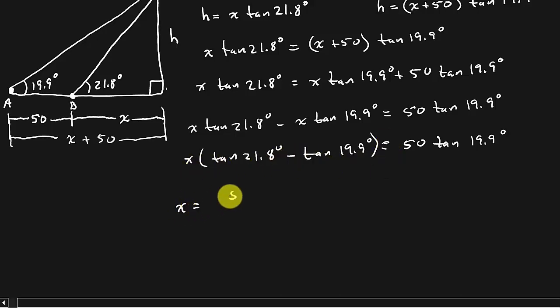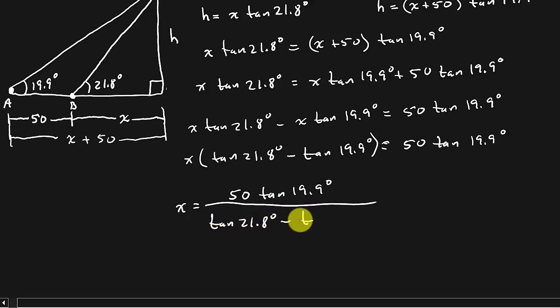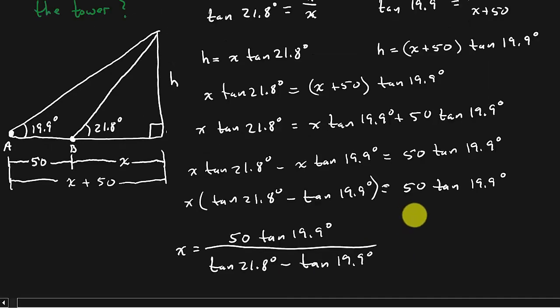So I get X is equal to 50 times tangent 19.9 degrees over tangent 21.8 degrees minus tangent 19.9 degrees. And you can punch this into your calculator and you'll get a value for X, and then you can either plug it back into this X or you can plug it into this X. Doesn't matter.